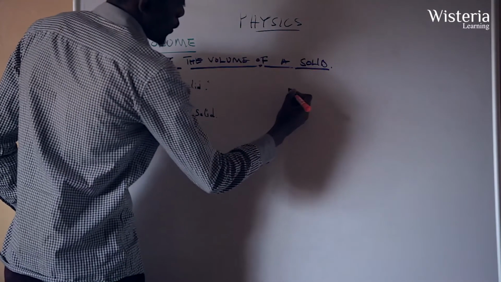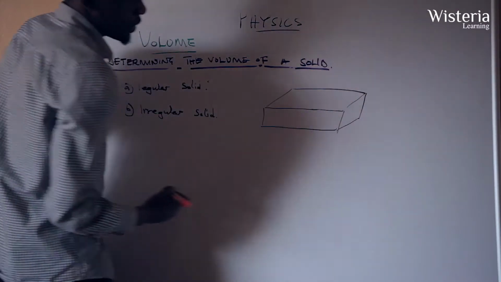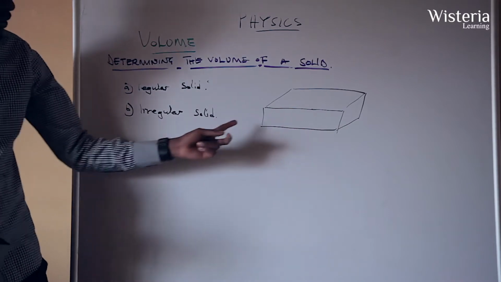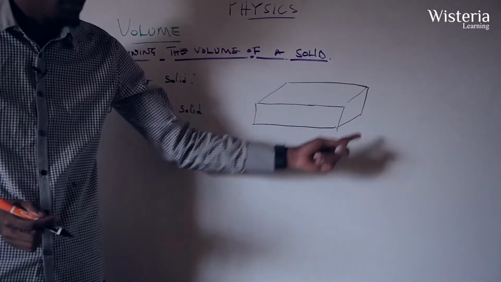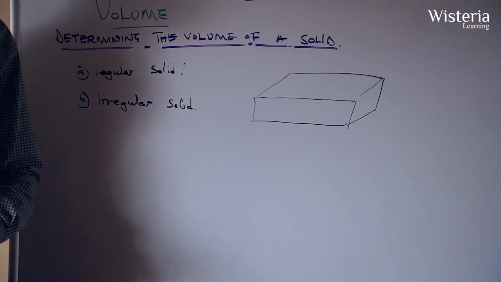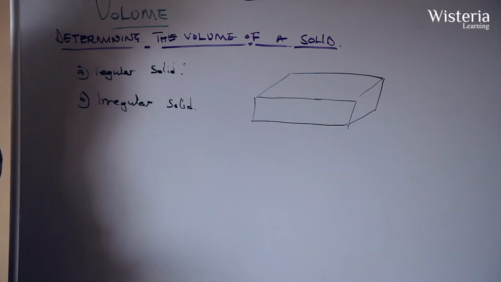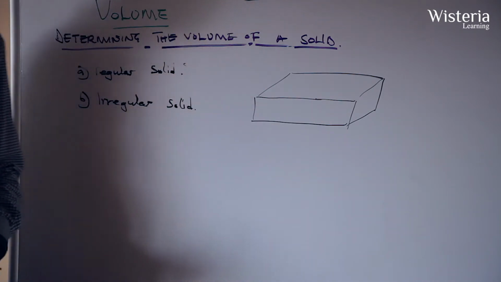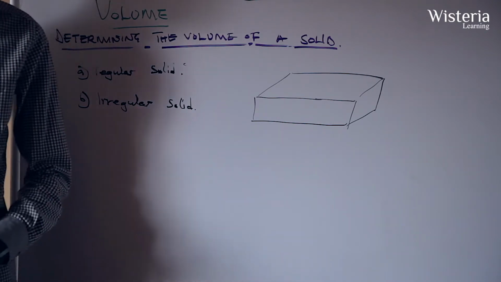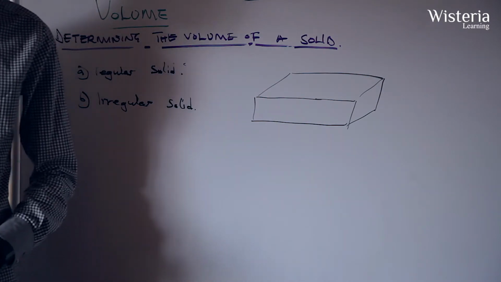An example of a regular object is a rectangle like that, a shape where the sides are easy to measure using a ruler. For determining the volume of a regular solid, it's very simple because you only apply a formula. Down in the notes you'll find different formulas for different types of regular objects and how we can determine the volume.